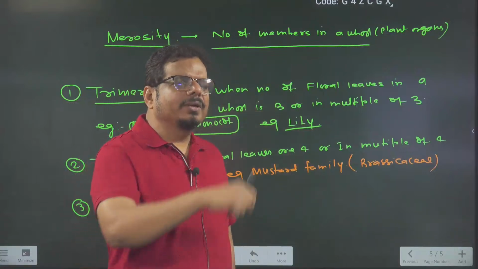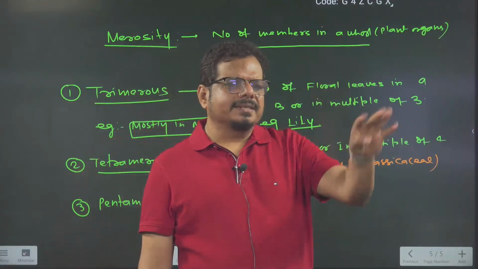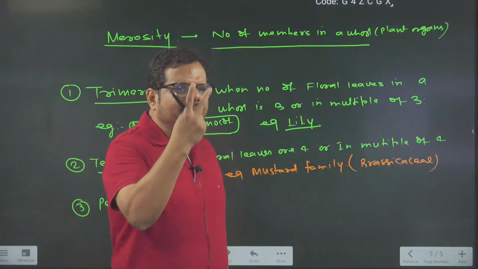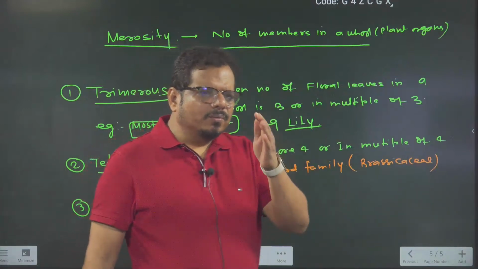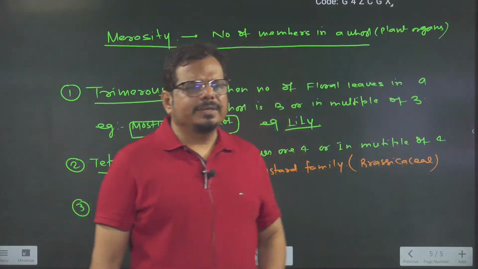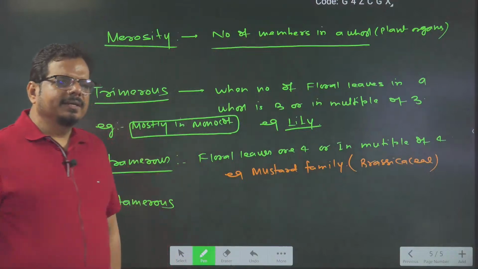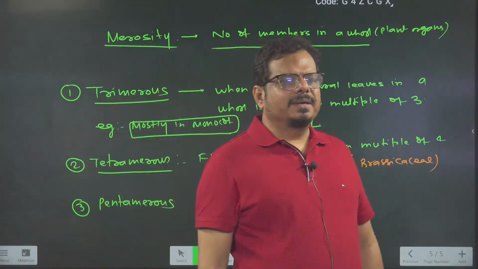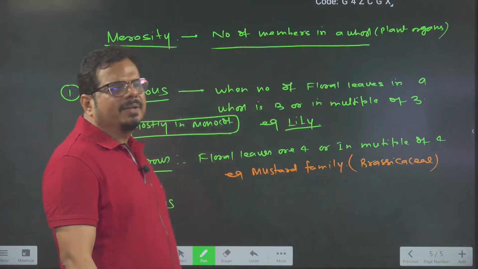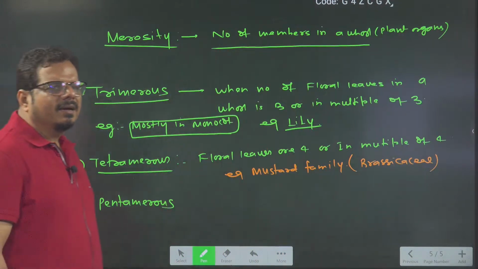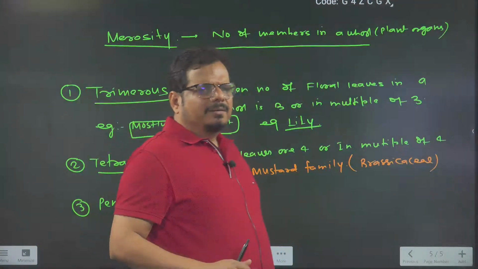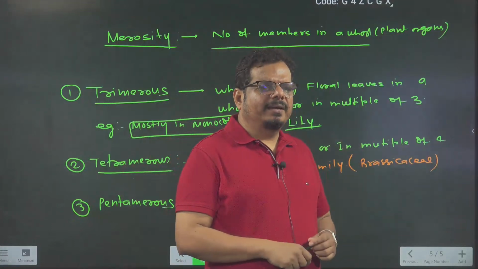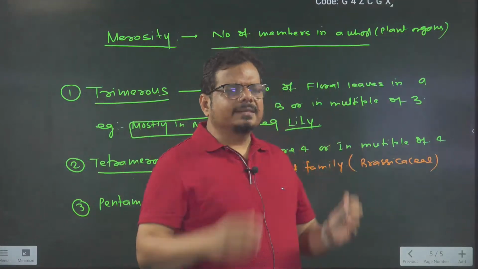But the stamen is given as 6 and carpel as 2. So out of 4 members, 2 are following this merosity pattern and 2 are not. 6 is not a multiple of 4, and 2 is not a multiple of 4. But besides that, we say tetramerous, since 2 of the components follow.